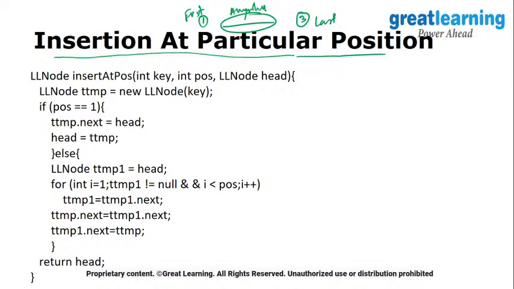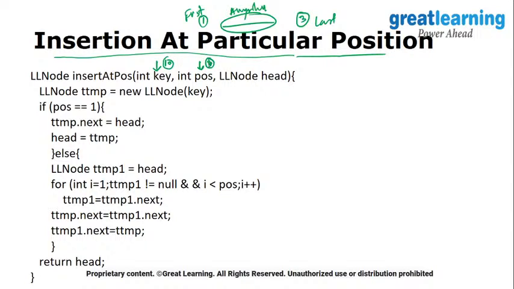Okay, so now let's talk about this thing. Now you have a key, the element that you're trying to insert. Let's suppose you're trying to insert 10, and the position is, let's suppose, the third position.